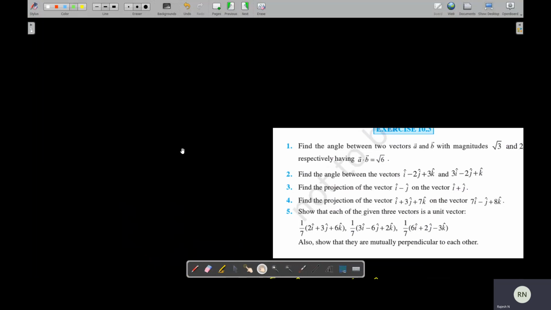Find the projection of vector a bar equal to i cap plus 3j cap plus 7k cap on b bar equal to 7i cap minus j cap plus 8k cap. So projection of a bar on b bar is what?